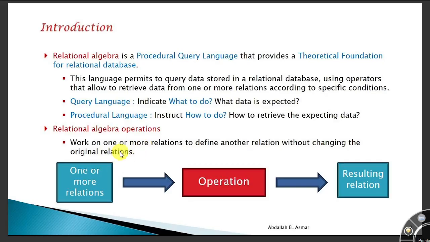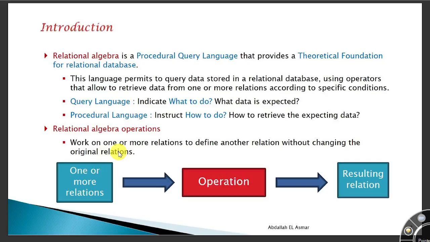So it could be selecting from multiple tables. We combine them into a single table. We create a new table by selecting data from table number one and table number two, then we combine them into a third table, and we call this a new relation.